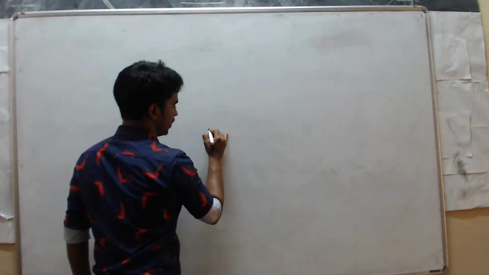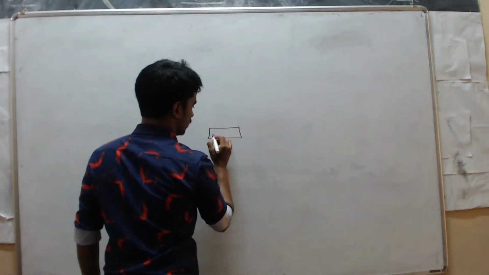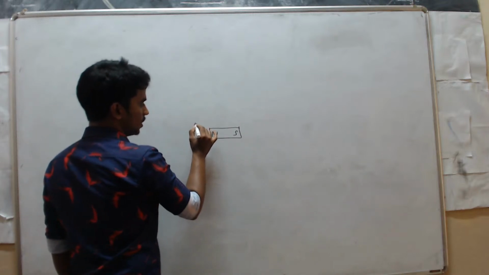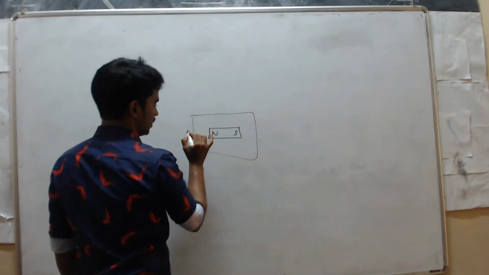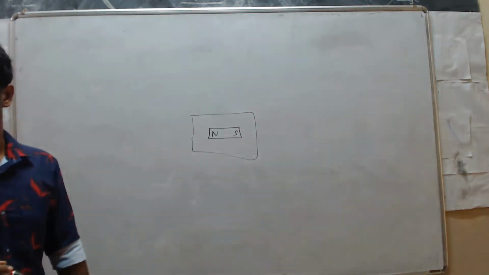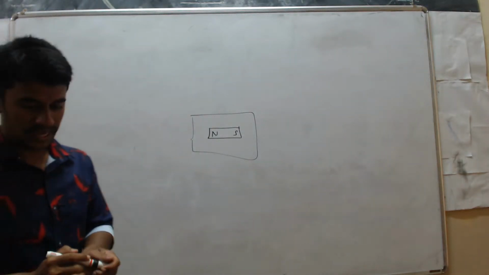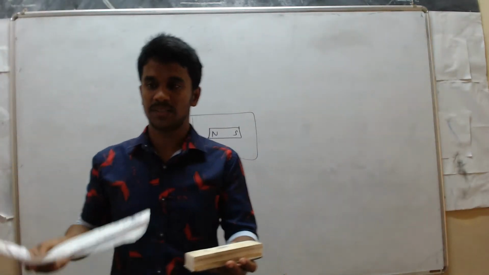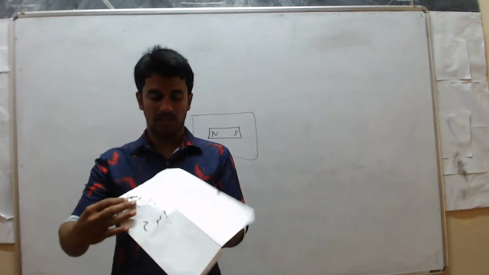You take one bar magnet, north and south, and place it under one glass. Just imagine this is a bar magnet and this is a glass sheet.